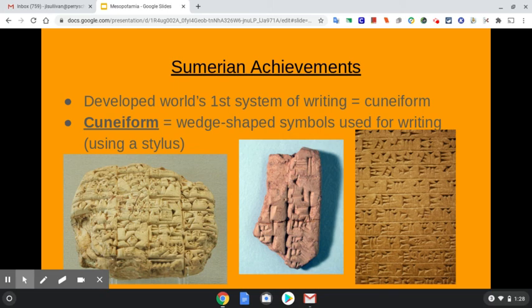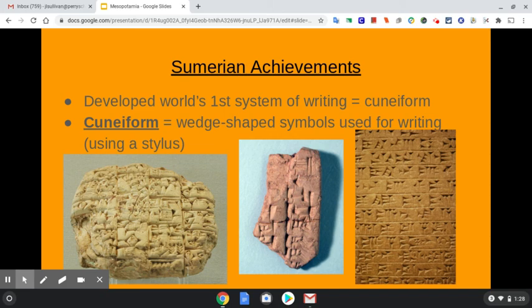Now, some of the achievements in Sumer could also be Akkadian achievements. The biggest one is that it is believed they developed the world's first system of actual writing, called cuneiform. Cuneiform is wedge-shaped symbols used for writing, and they would have used a stylus. Think about a clay tablet, or envision Play-Doh. It would have been clay like that.